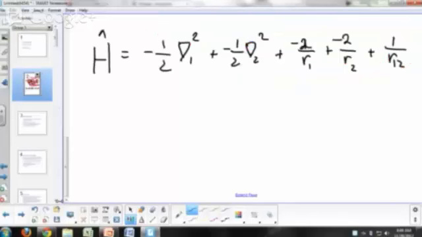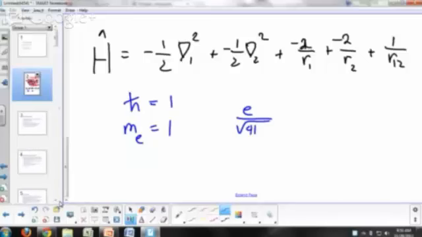In these units, what did we do? Basically, what we're saying is we're letting h bar be equal to 1 unit on this system of units, and we're taking the mass of the electron as 1 unit. Okay, so expressing masses in terms of the mass of the electron, and that would suggest that our unit of charge would be what? Our e over the square root of 4 pi epsilon naught would be 1 unit.